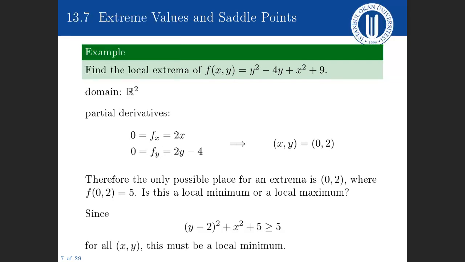Now note that if we write our function as (y minus 2) squared plus x squared plus 5, if we complete the square, then we have something which is always greater than or equal to 5. It's always greater or equal to the value of f at the point (0, 2). So the point (0, 2) must be a local minimum.